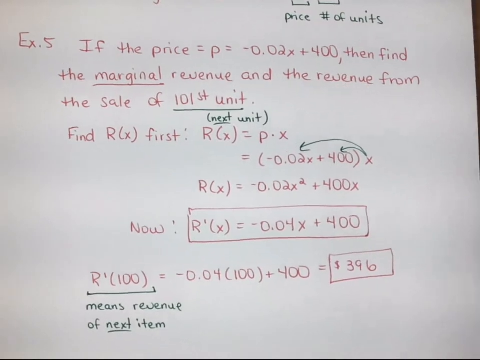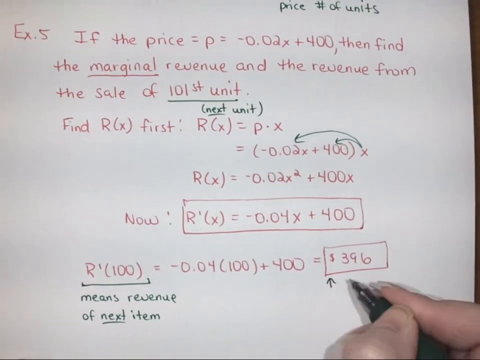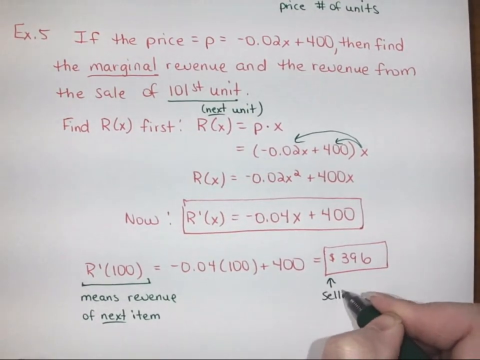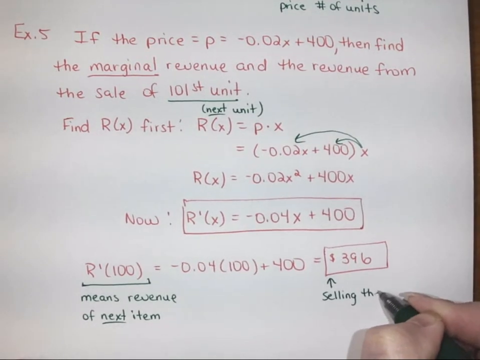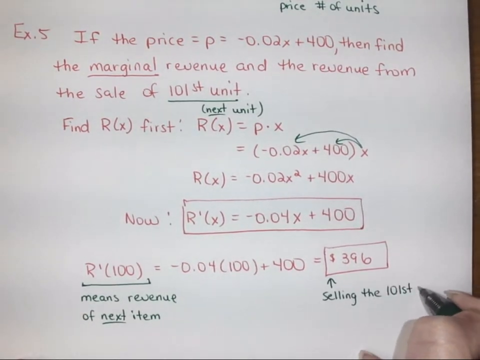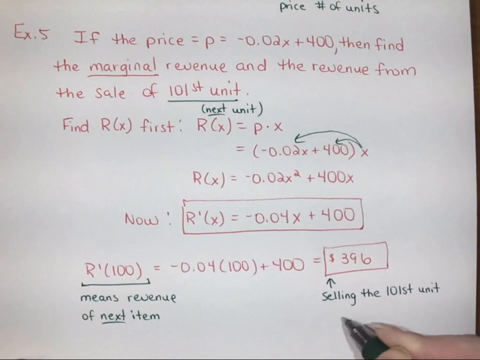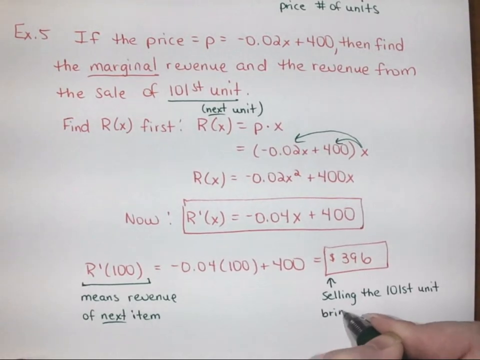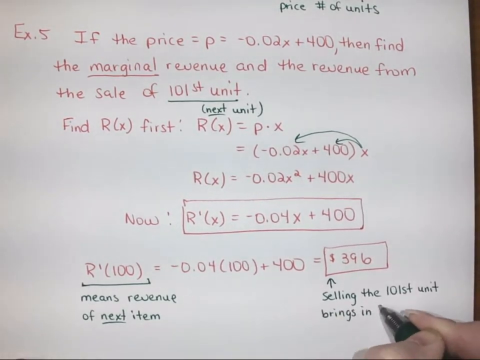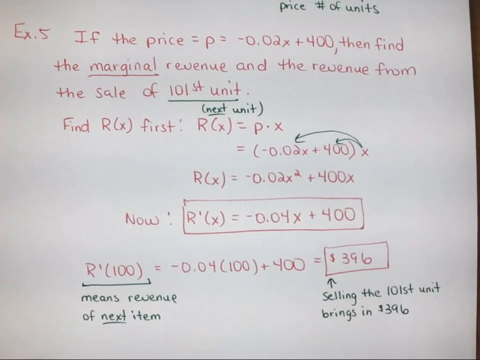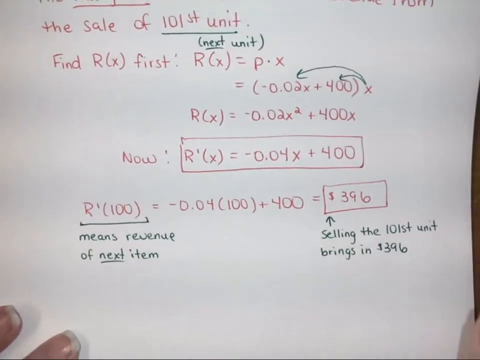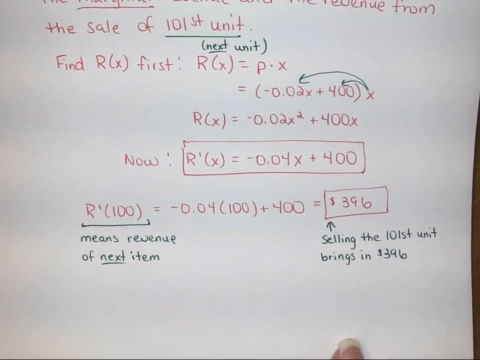Okay, so just to make sure we understand what the meaning of this 396 is, it's the fact that if we sell the 101st unit, it will bring in $396. Okay, it is not necessarily going to be true that selling a different numbered unit would bring in the same quantity of money.